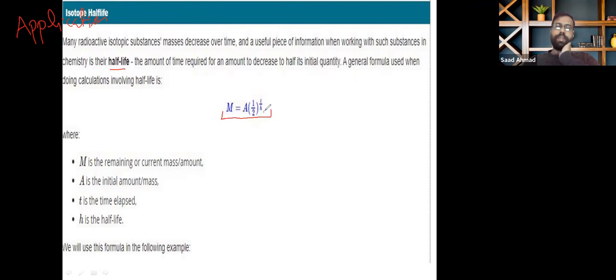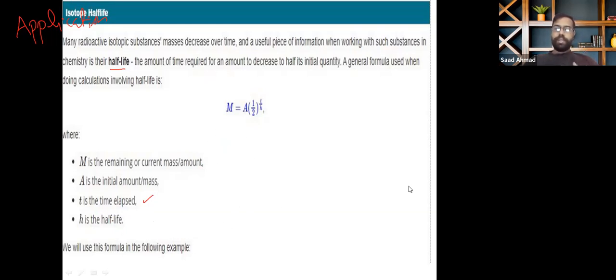All right, which is m equals a times (1/2) to the power t over h. So m is the remaining mass, a is the initial mass, t is the time it takes, and h is the half-life. h is in the same unit as the time. If the time is in years, then h will be in years, or if it is in hours, it can be in hours, days. So the unit can vary depending on the unit of time we are using.